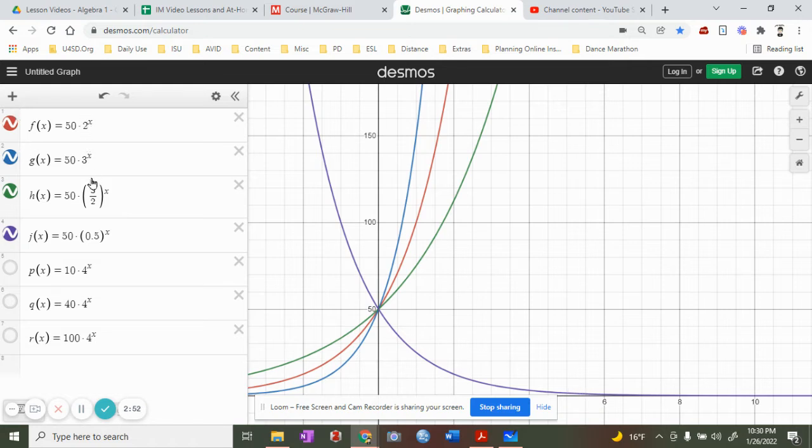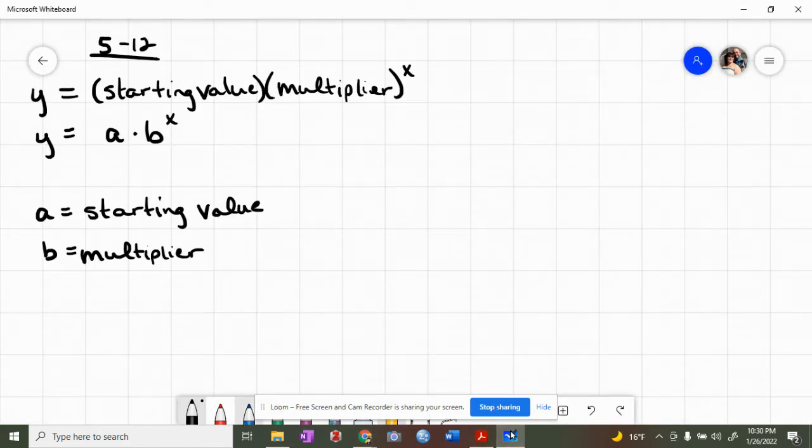So what does the B value, our multiplier, our growth or decay factor, do for us in our function? Well, when B is between 0 and 1, that is when we have exponential decay.